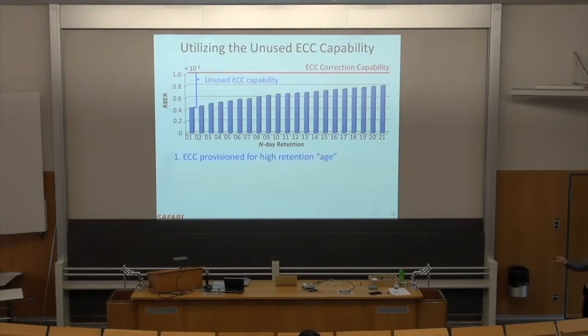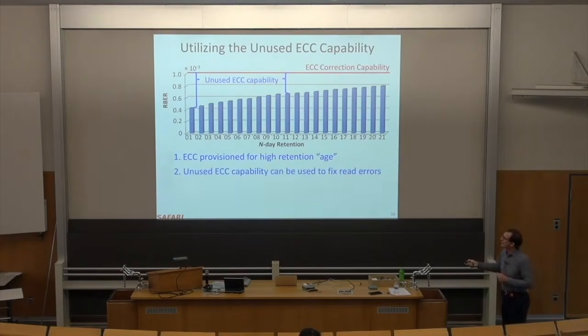There's some unused ECC capability, especially when you have a retention age that's low. You program the cell, and it hasn't retained data for years yet. You programmed it, let's say, 2 hours ago. At that point, your ECC is over-provisioned for that particular block, because there's not enough age in that block, which means that you have unused ECC capability that's higher over here, that gets lower as the block stays in the flash drive for longer.